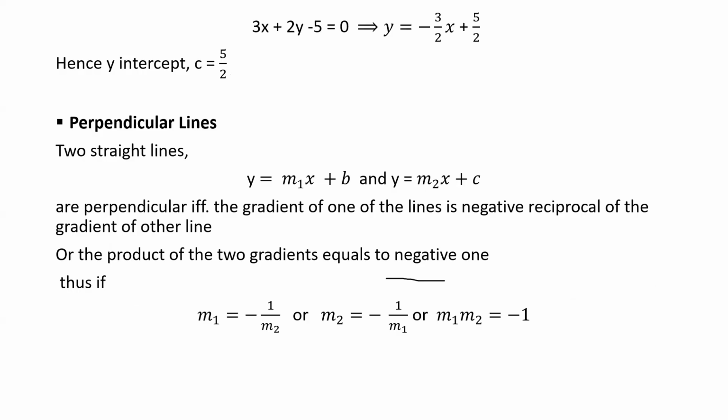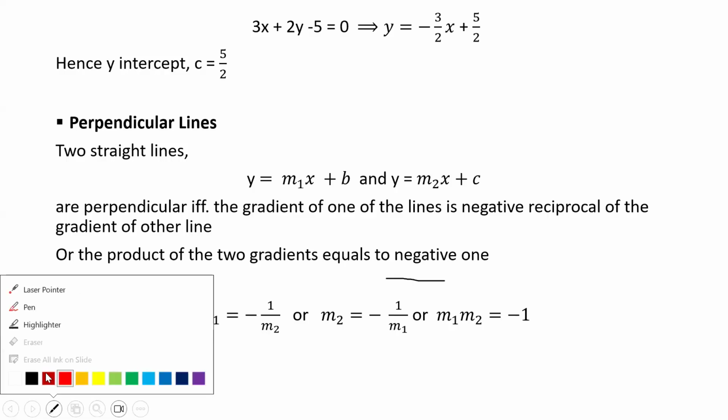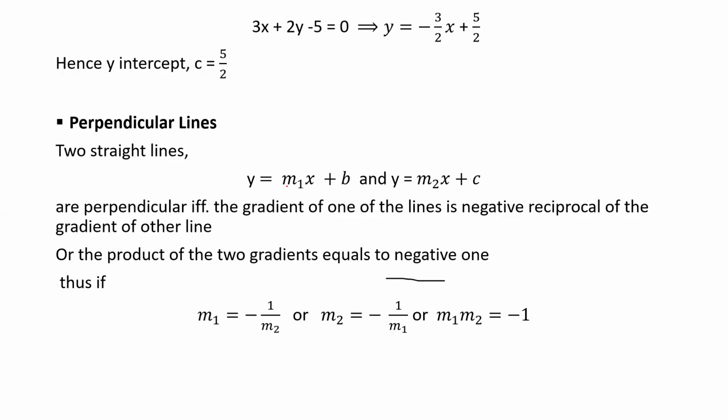Perpendicular lines. Now if you say two lines are parallel, when do they have what? The same gradient. Two lines y equals m1x plus b and y equals m2x plus c are perpendicular if and only if the gradient of one is the negative reciprocal of the other.